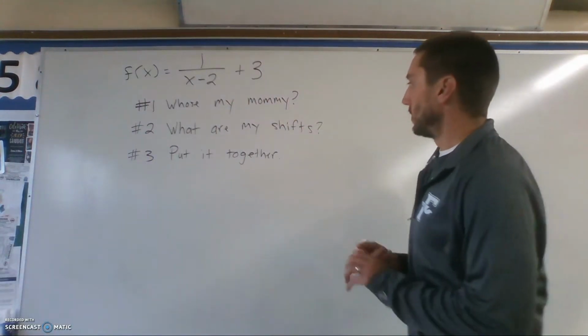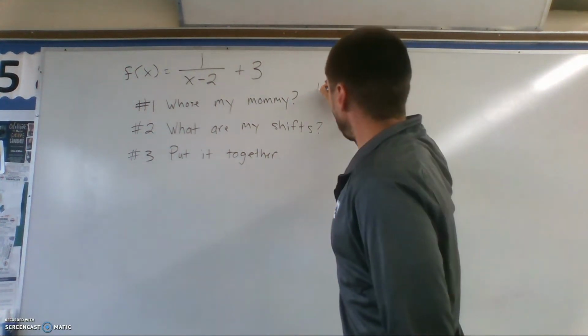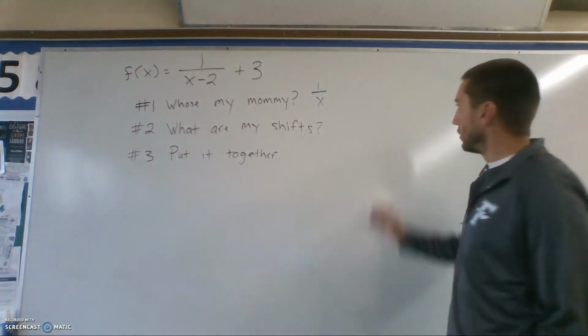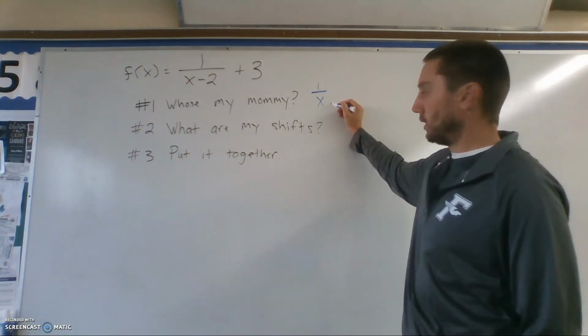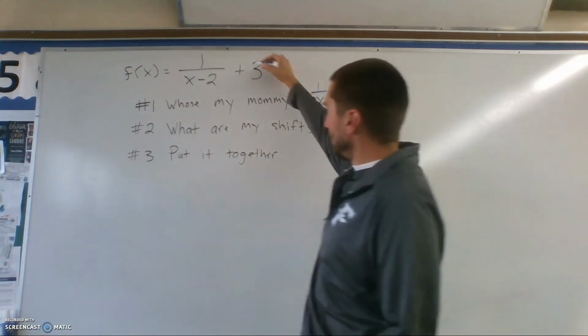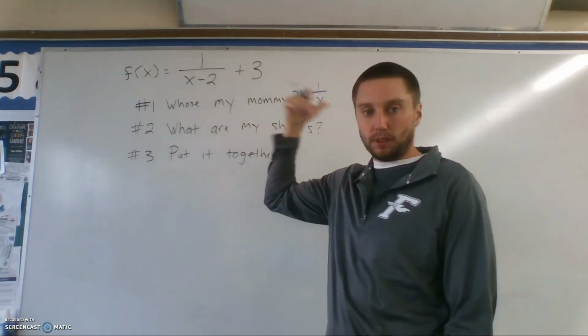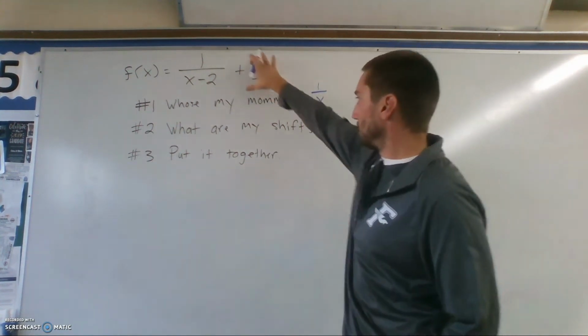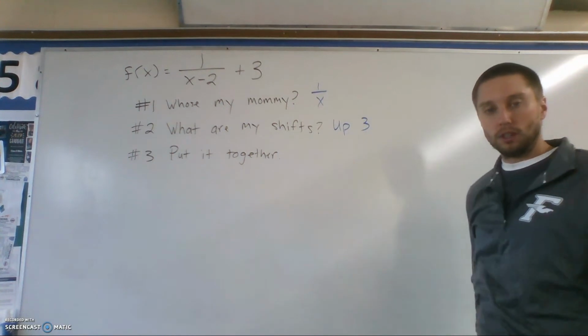Okay, so first thing, who's my parent function? That'd be 1 over x. So this is my rational function, 1 over x. So if 1 over x is my parent function, what are my shifts? What's happening here? Well, I see a plus 3 that's out in front. So that tells me that I'm going to go up 3 because this plus 3 is out in front of the function.